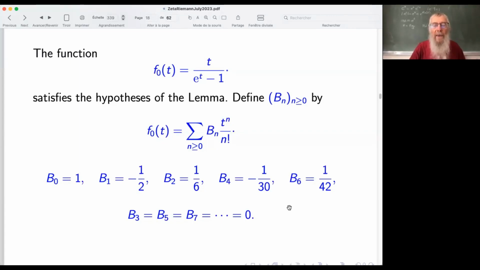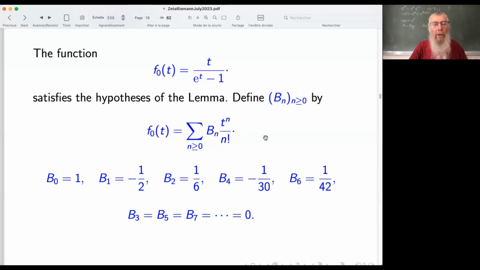You have to be careful that in the literature, sometimes there is a change of index compared to what I say here. Sometimes this is defined as b1 equal 1 over 6, b2 is 1 over 30, because the odd values are 0.